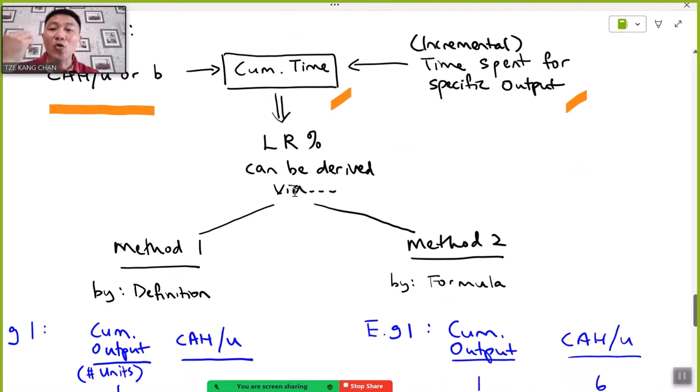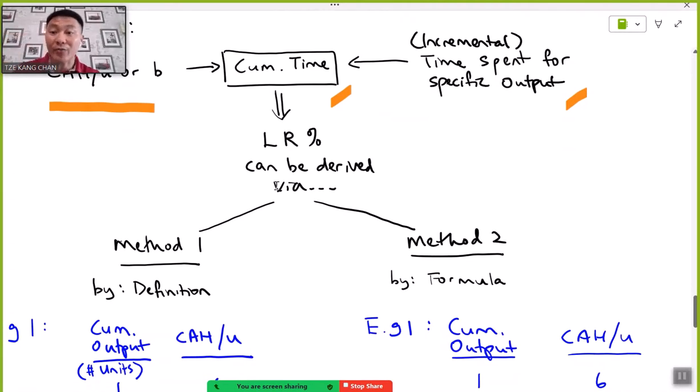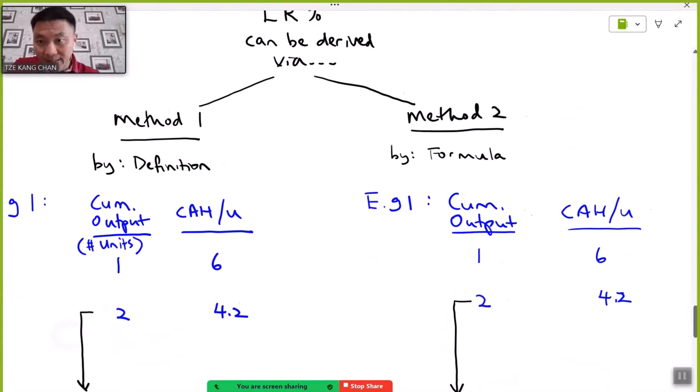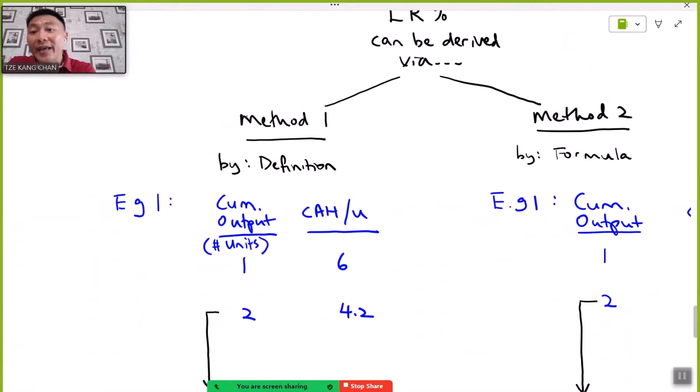Let's see the following approach to derive the learning rate. There are two methods. Of the two, guys, it is the first method I will be sharing in detail, given it is more practical and more doable during the exam with the time constraint. It is method one, following the definition, as we have said a while ago.